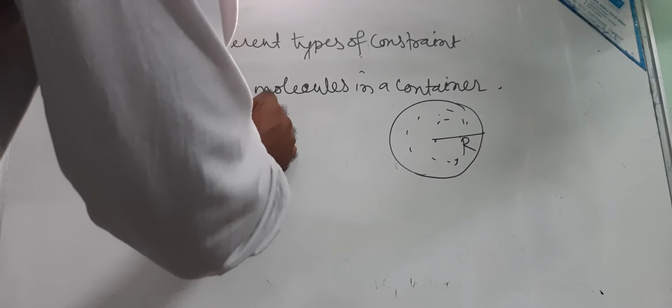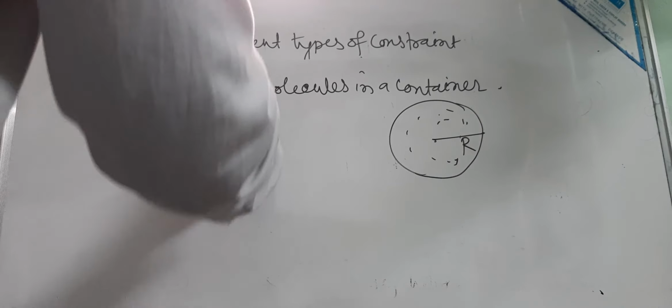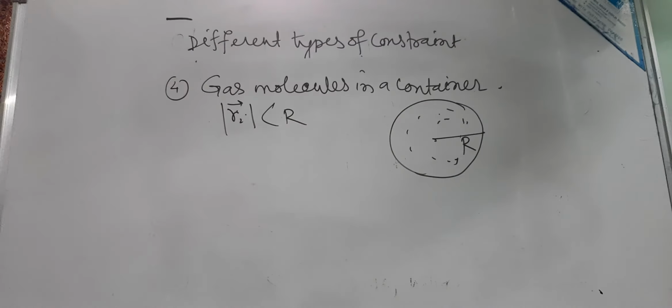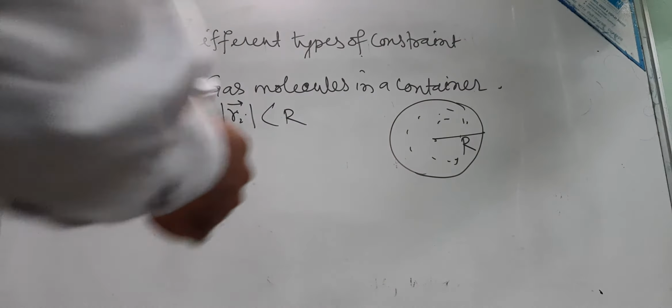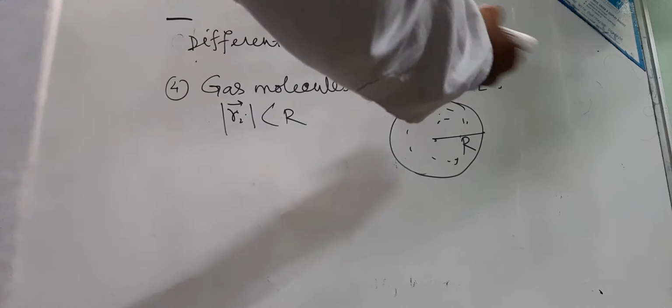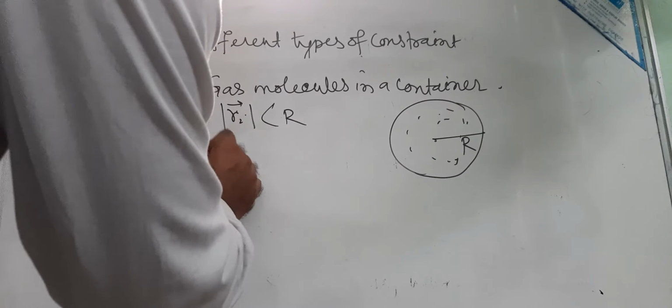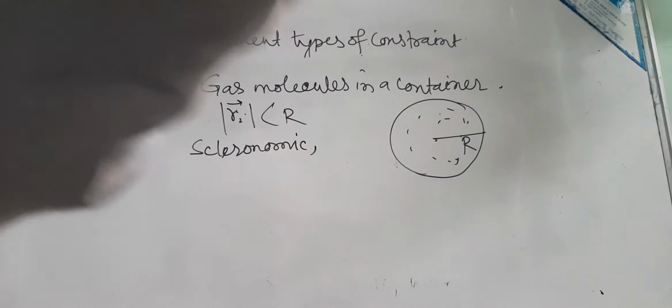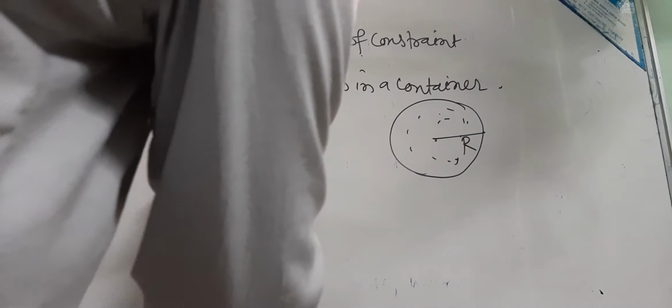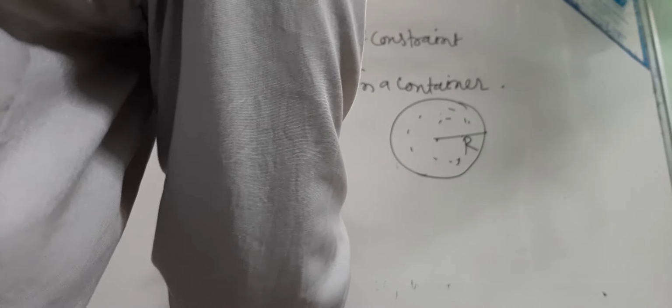So every time, the position of the ith particle, r_i, is always less than r if the molecules are inside the chamber. In this case, the constraint does not explicitly depend on time, so it is scleronomic. Then it is holonomic. Then it is conservative.